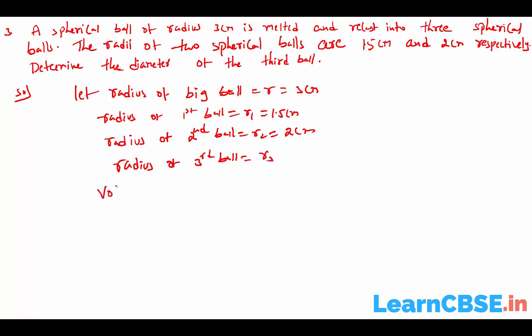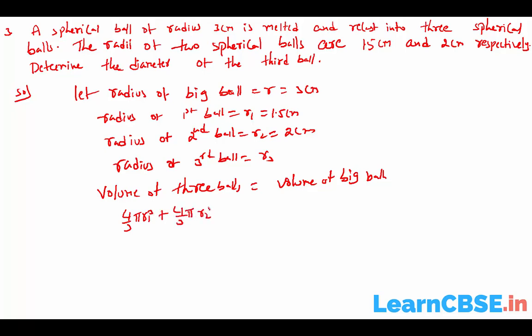Now the sum of the volumes of all these 3 balls must be equal to the volume of the big ball, because these 3 balls are made from the big ball. So 4/3 pi r1 cube plus 4 by 3 pi r2 cube plus 4 by 3 pi r3 cube equals 4/3 pi r cube.